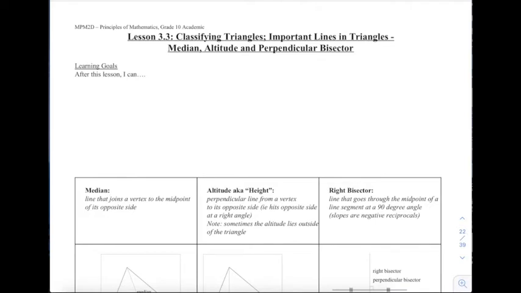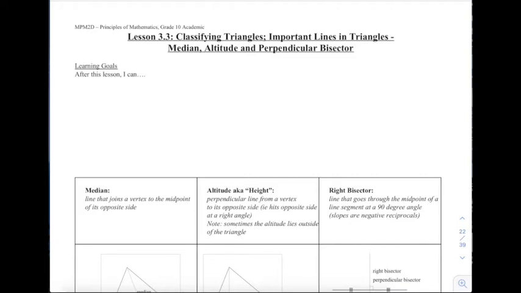So I really want to stress today that what you need to know after we leave today is, in a median, an altitude, and a perpendicular bisector, you have to determine the equation of a line given some slope and some point, and you need to know which ones, okay?